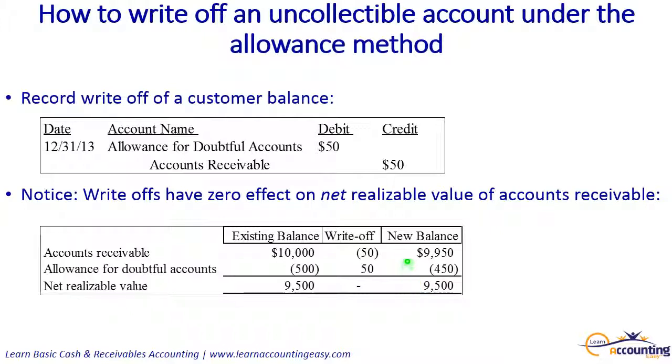The only difference is if we look at the accounts receivable balance itself, yes, it has gone down 50. And then if we look at the allowance for doubtful accounts account balance itself, it has also gone down 50, so it's only $450. So now we're subtracting $450 from $9,950 to arrive at $9,500.